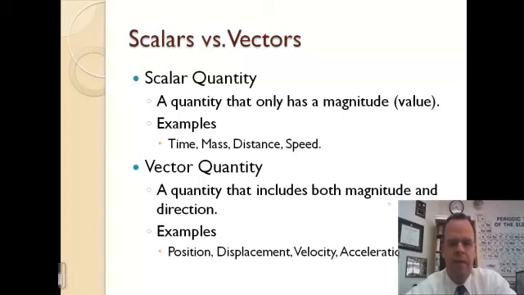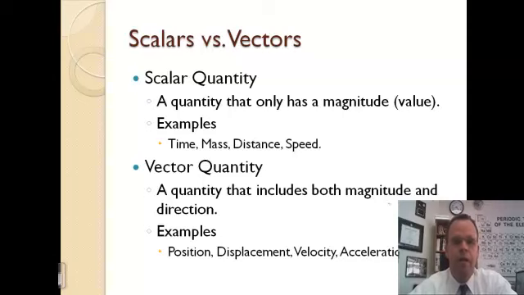Position tells you the placement and direction of an object from the origin. Acceleration would tell us a change in velocity and a direction. So anything that has a vector quantity will include a direction, whereas a scalar quantity will only have that magnitude value.